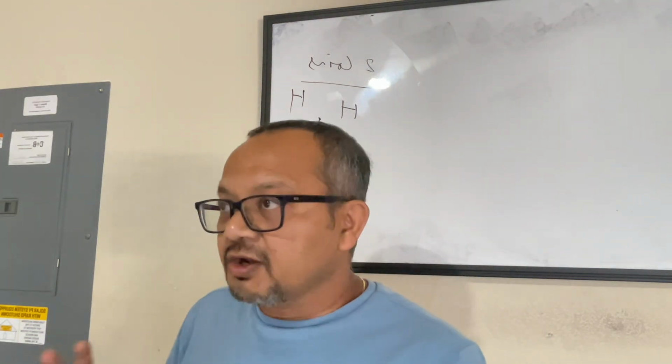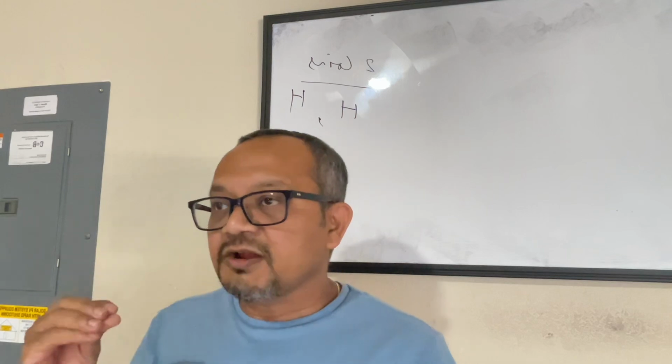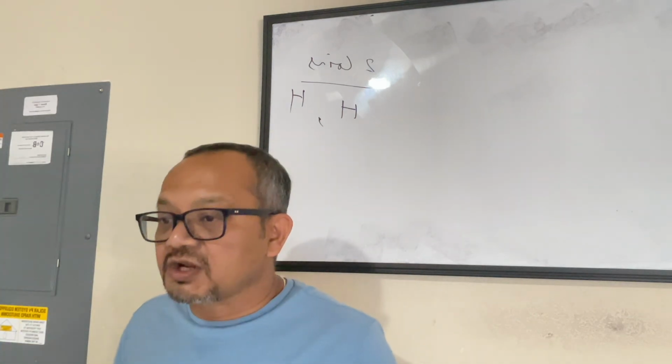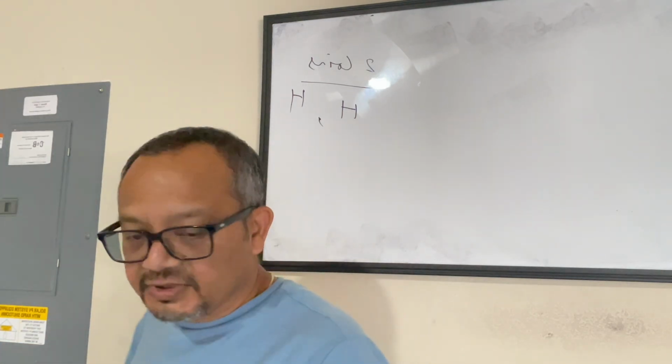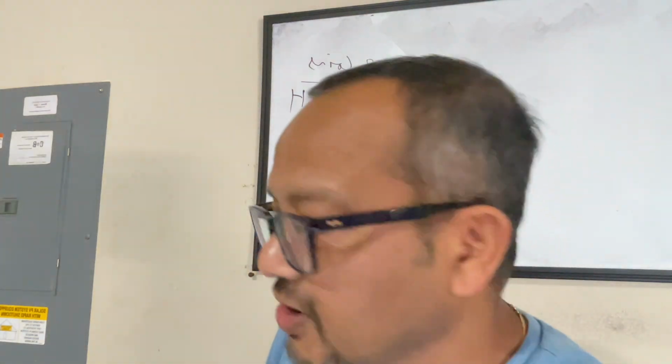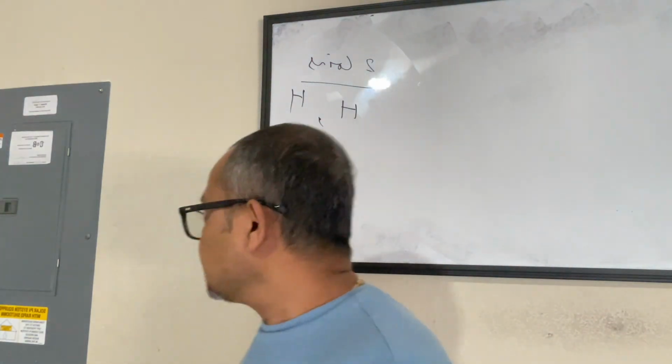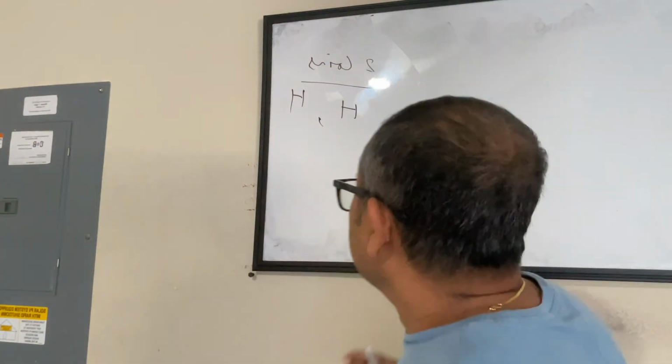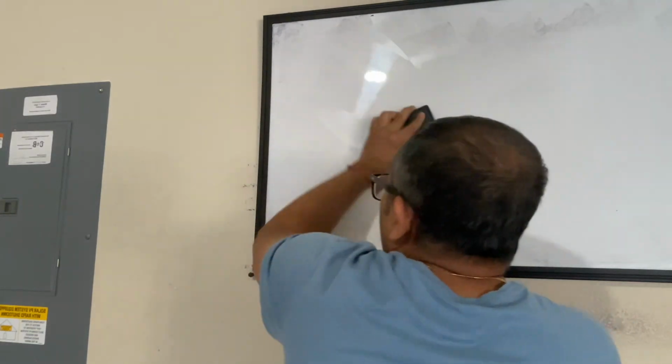When you talk about probability, we all know that probability means the likelihood of one event versus the total number of events. That's the starting position for understanding probability. So let's use that concept for solving a few problems.